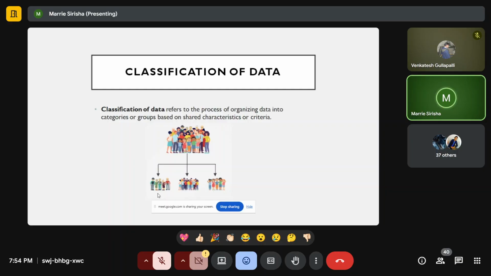This is a small example for your understanding. Like that, you have to classify the data also based on the characteristics. Okay.